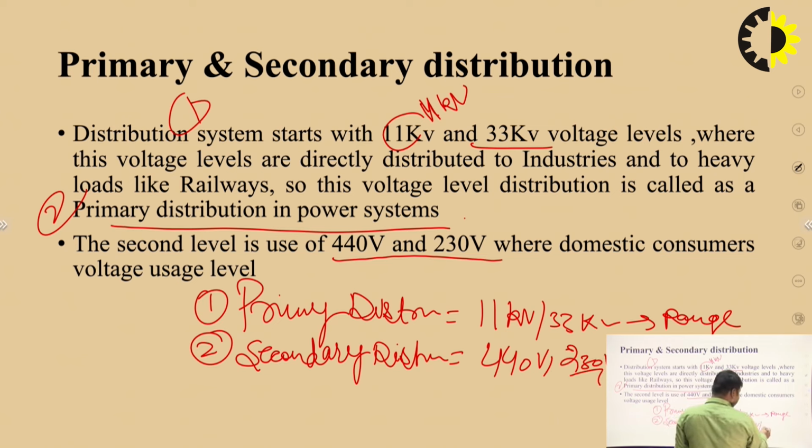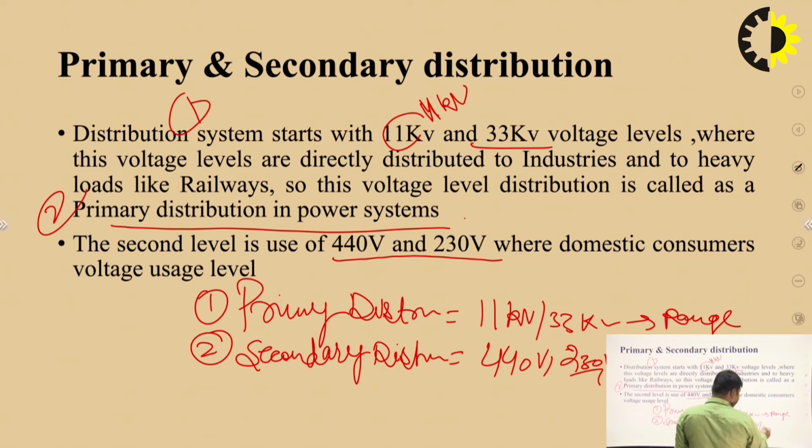In the primary distribution system, for economic consideration, it is carried out by a three-phase, three-wire system. It is an important keyword and point that may be asked in a short question or multiple choice questions. This is the pictorial schematic diagram of the primary distribution system.